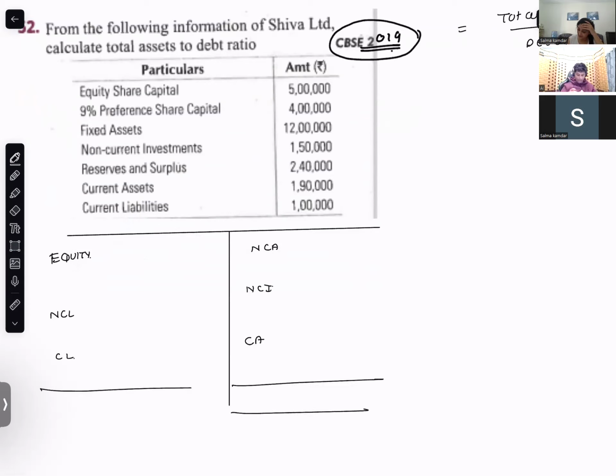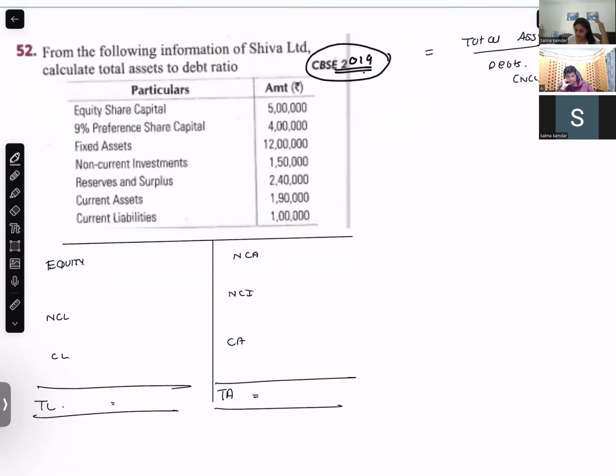And here you will have your total liabilities and here you will have your total assets. Are you with me? So when I'm talking about equity, my equity is three things. So how much is my total equity?